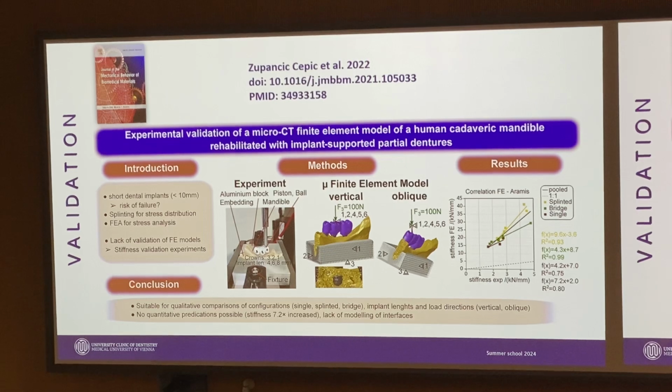So the present numerical model was shown to be able to predict the biomechanical relationships of the tested parameters with a high quality, but without reliable reproduction of the absolute values.